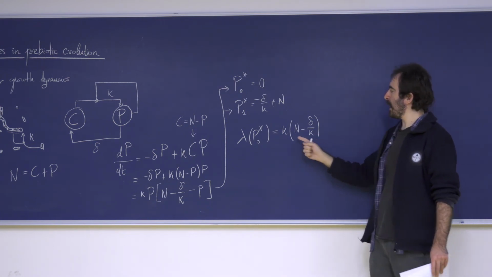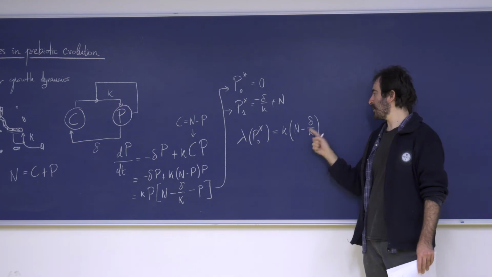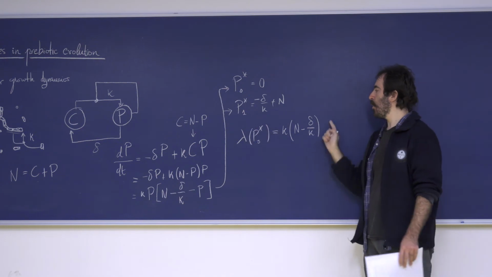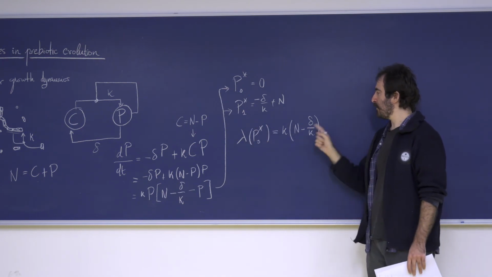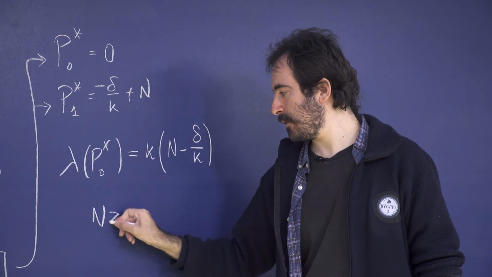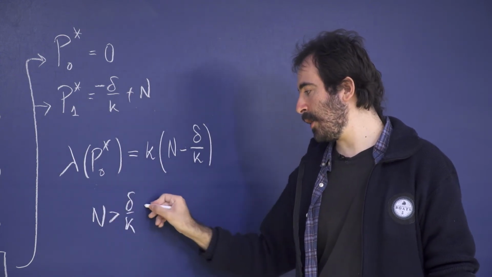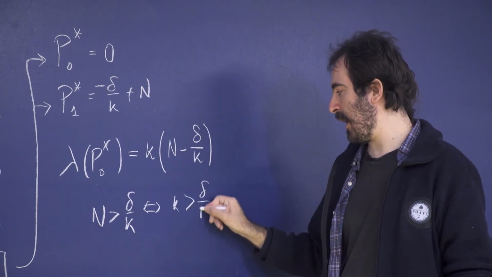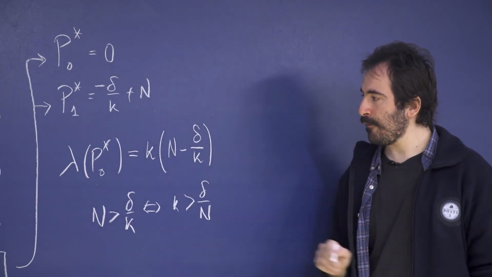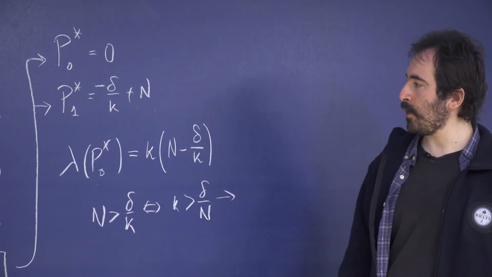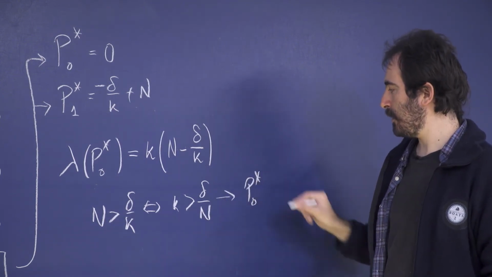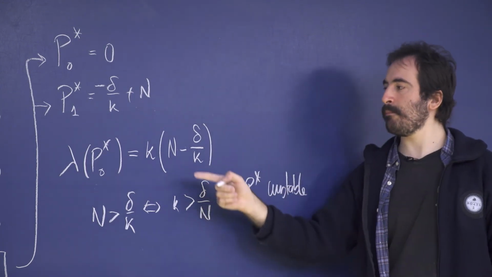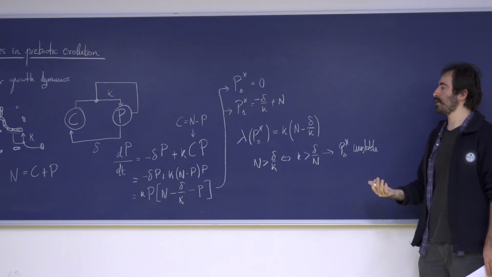Immediately I know that if N is larger than this division here, delta over K, then this is going to be an overall positive factor. So if N is larger than delta over K, in other words, K is larger than delta over N, then in this situation P naught is unstable, simply because this implies that this lambda is going to be larger than 0.